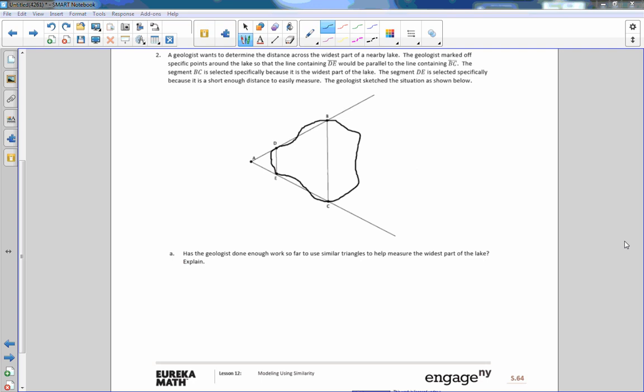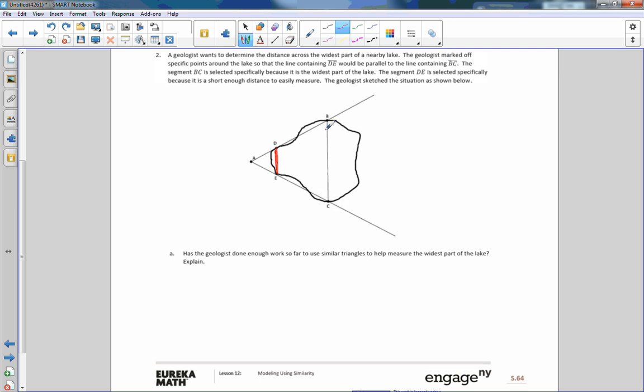Okay, number 2. A geologist wants to determine the distance across the widest part of a nearby lake. The geologist marked off specific points around the lake so that the line containing DE, right here, let me change color since he used black, DE, the line containing DE would be parallel to the line containing BC.